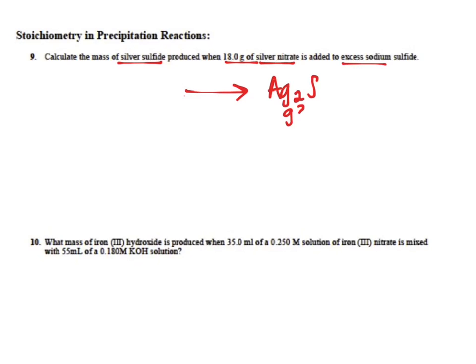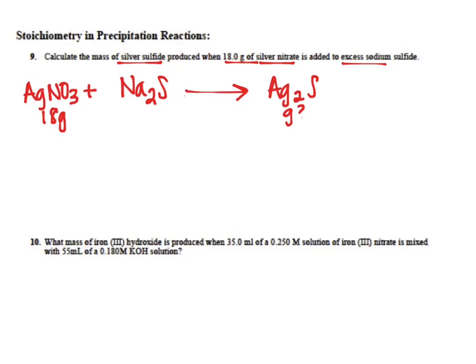And we want to know how much of that is produced when silver nitrate, AgNO3, is added to excess sodium sulfide, Na2S. And we know we have 18 grams of silver nitrate.